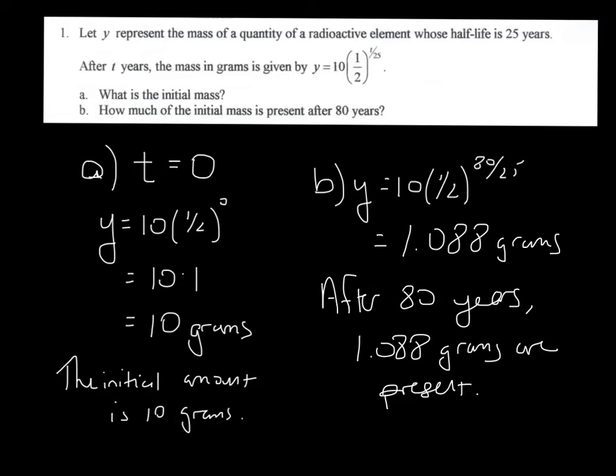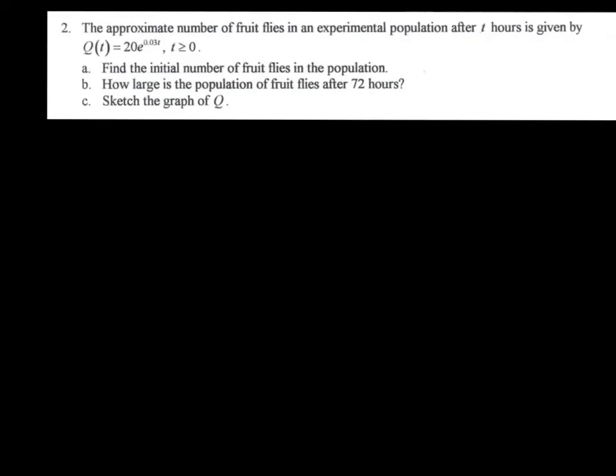So we started out with 10 grams. After 80 years, we're down to approximately 1 gram. Here we have an example of exponential growth, and the base is actually e, which we learned was approximately 2.7.